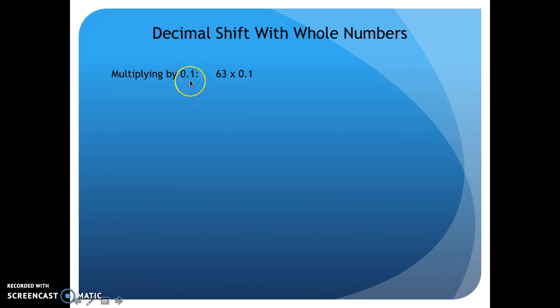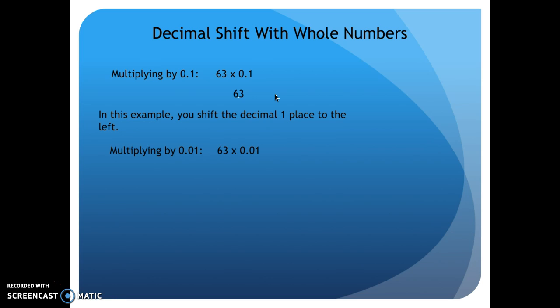So now, again, you've done problems like this as well. Now we're multiplying by tenths, so our decimal shifts the other direction. So we have that same 63 times 1. We pretend it's not there. That decimal, we have one place, so the decimal is going to shift one place to the left. So 63 times a tenth.